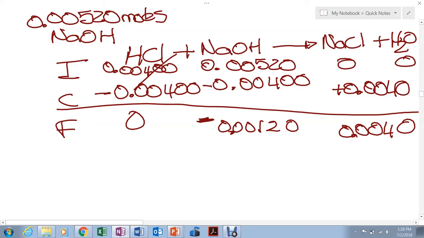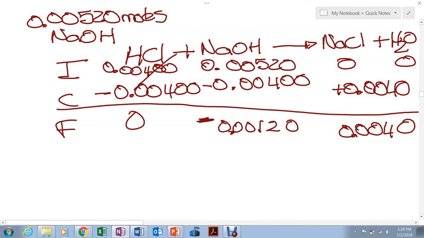So you know already that the HCl is all gone. And in fact, you put both of them and you automatically know which one is in greater amount, which is the NaOH. That's why I said I'm not going to do it, but you have to do the equation, the ICF.